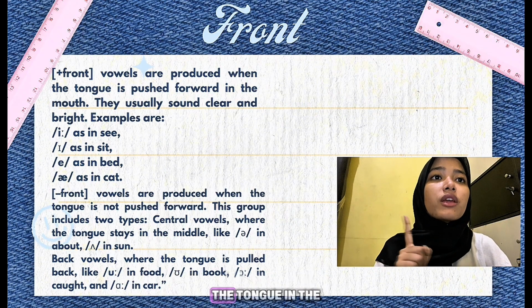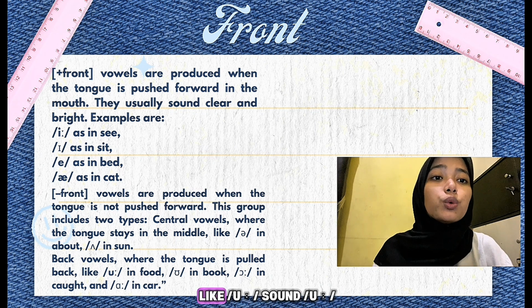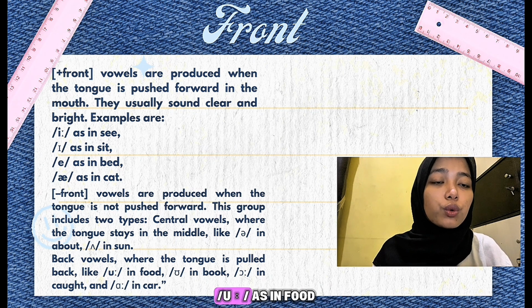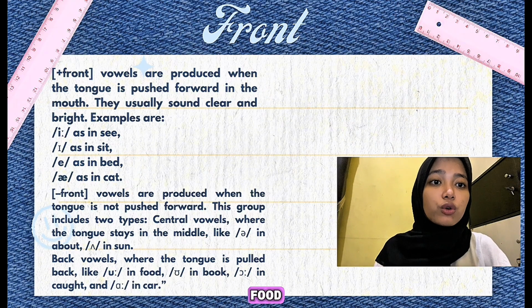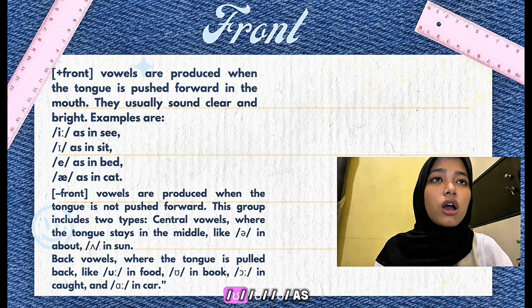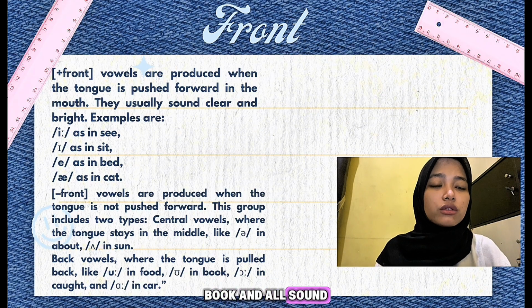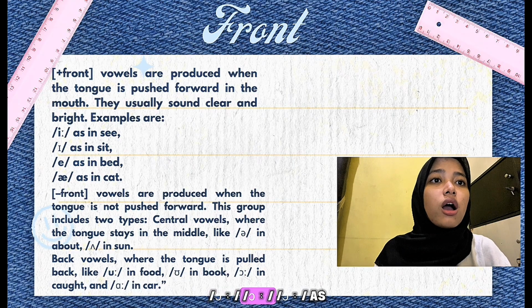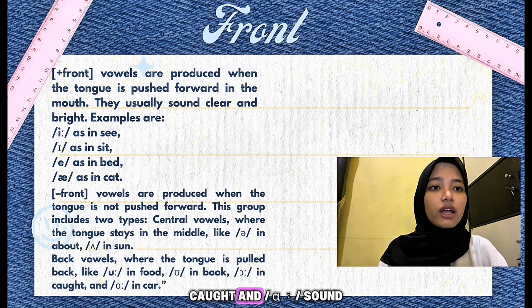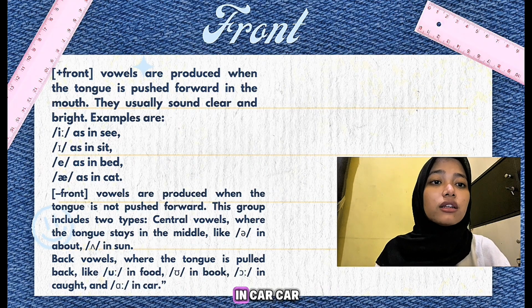So for central vowels the tongue is in the middle, and for back vowels the tongue is pulled back, like the oo sound as in food, the oo sound as in book, the oh sound as in coat, and the ar sound as in car.